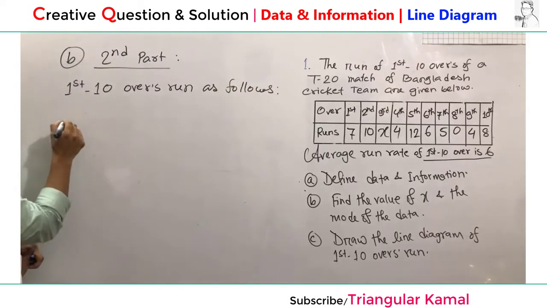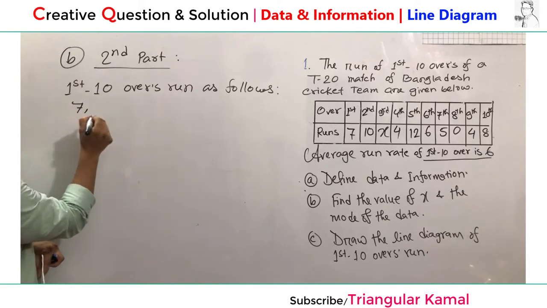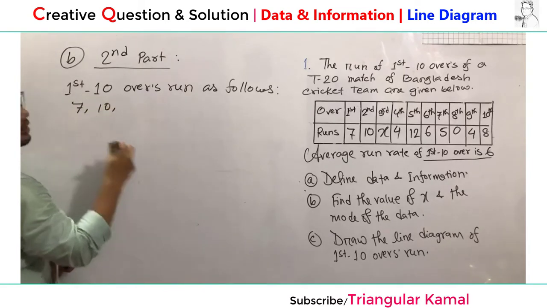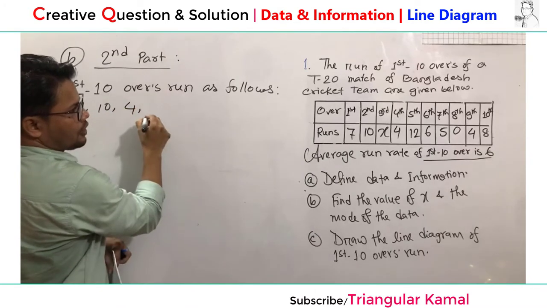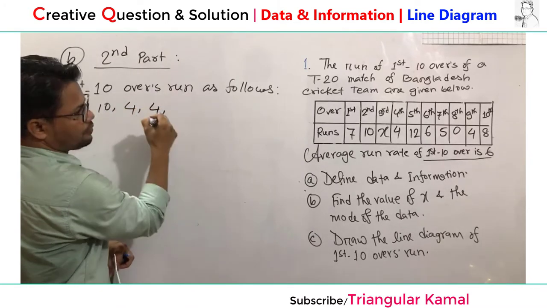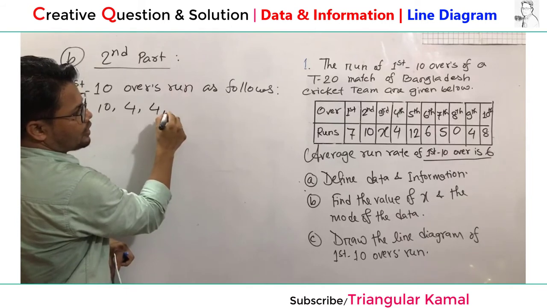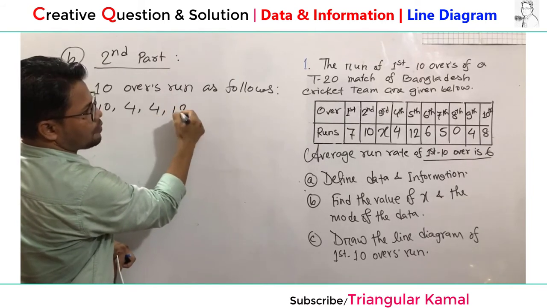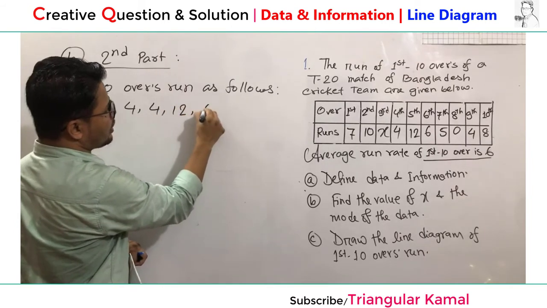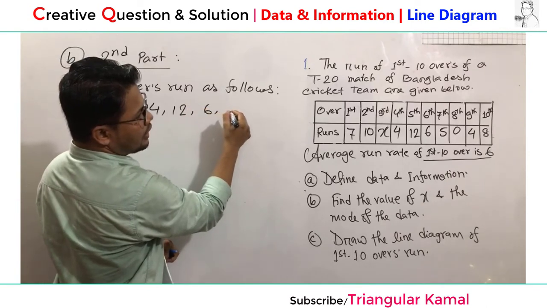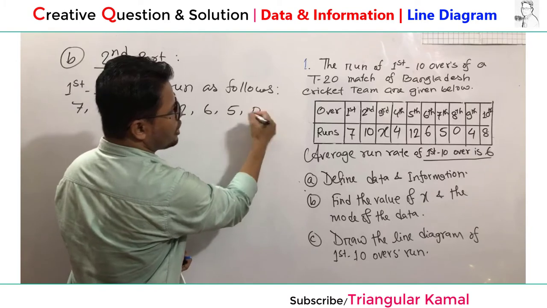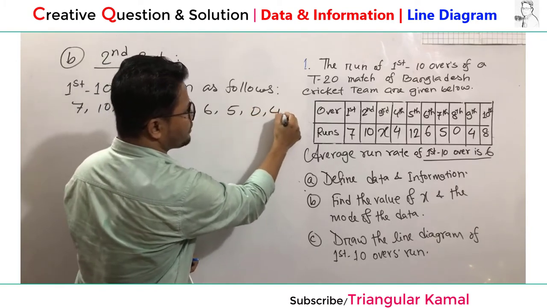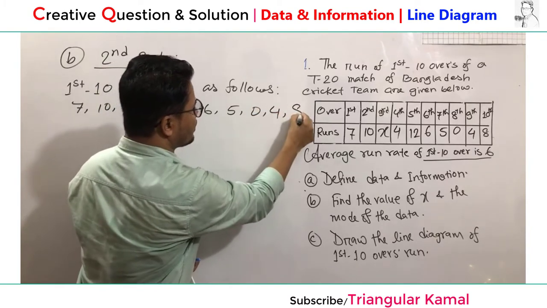The first over run is 7, 10, then the value of x is 4, the fourth over run is 4, fifth over run is 12, then sixth over run is 6, seventh over run is 5, eighth over run is 0, ninth over run is 4, and 10th over run is 8.